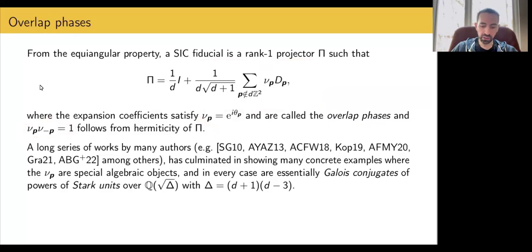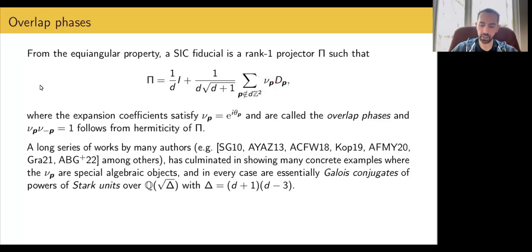So there was a long series of works studying these exact solutions, trying to find some patterns by many authors. And I can't list all of them, but here's an important subset. And one of the insights that was obtained from this long series of work was that these things are somehow very special objects.